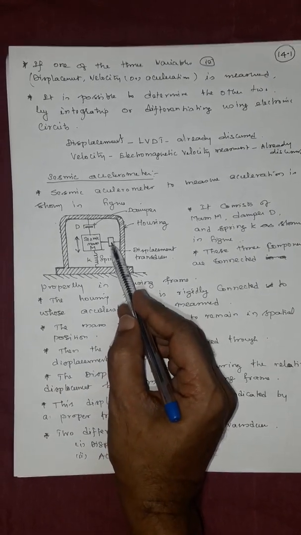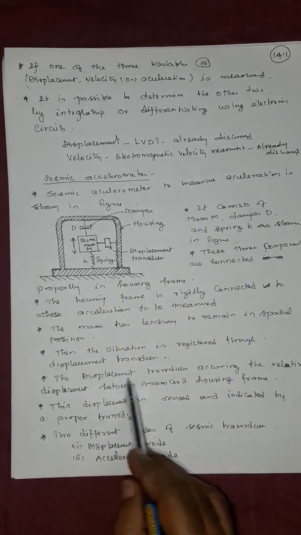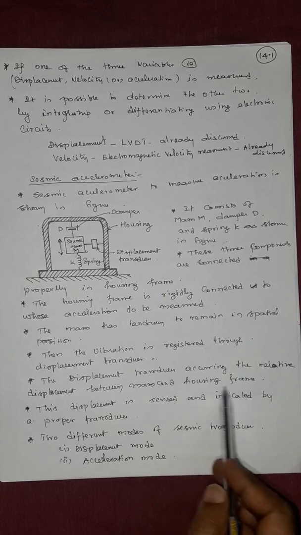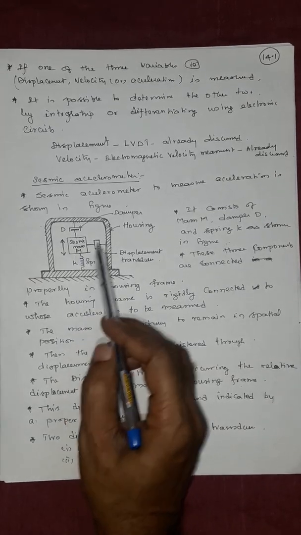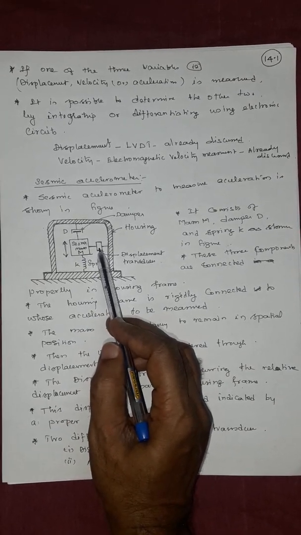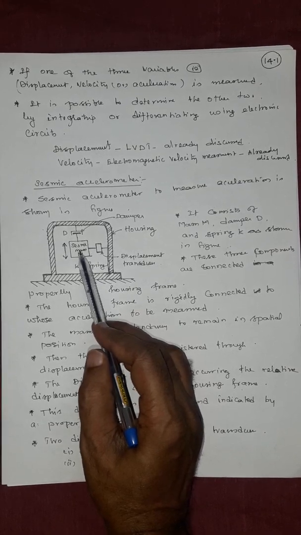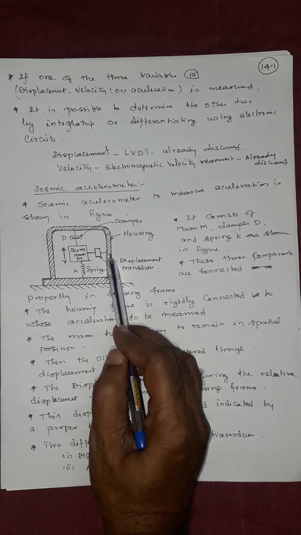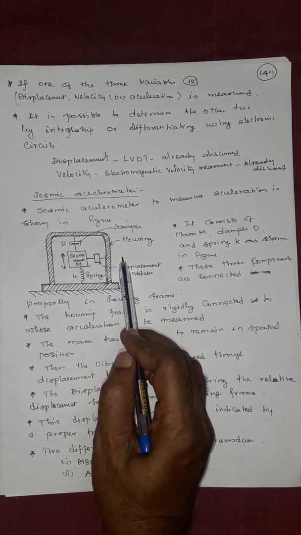This displacement transducer measures the relative displacement between the mass and the housing frame. The transducer is connected between the mass and this frame, which is connected to whatever's acceleration is to be measured.